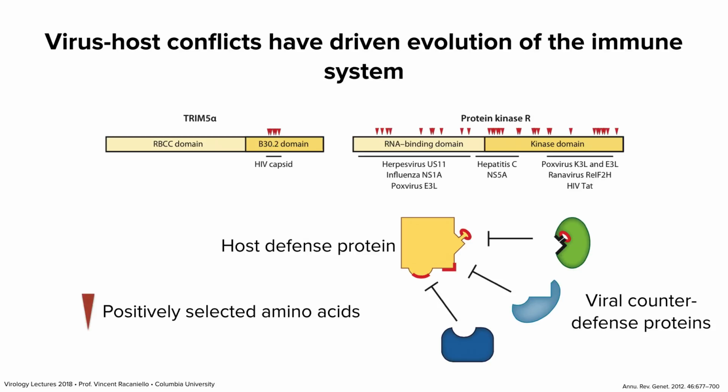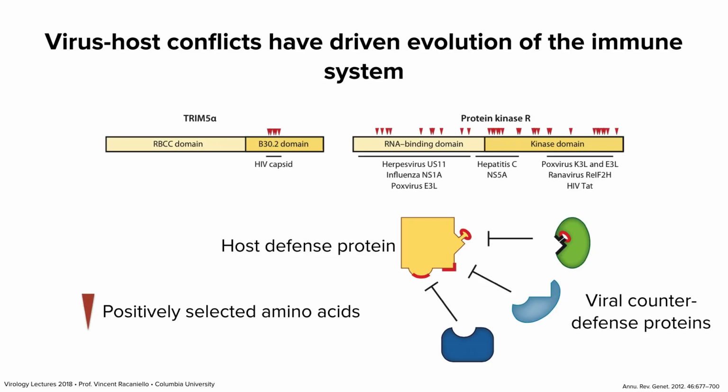So here are two proteins where I want to illustrate that. On the left is an intrinsic defensive protein called TRIM5 alpha, which is involved in defense against certain retroviruses. It has two domains, an RBCC and a B30.2 domain. The important point here is that there are positively selected amino acids. That's the inverted triangle.